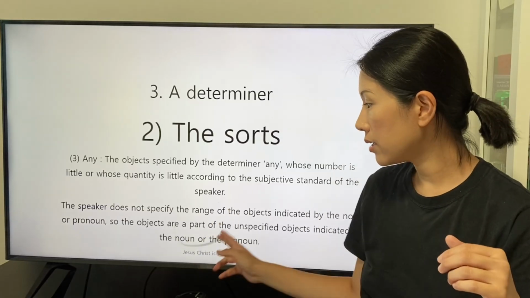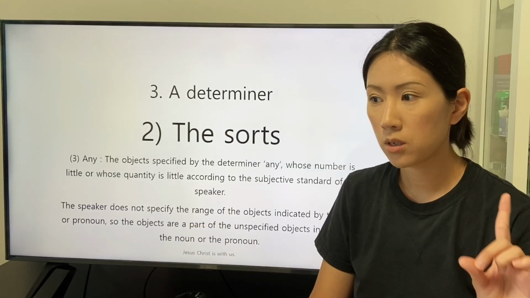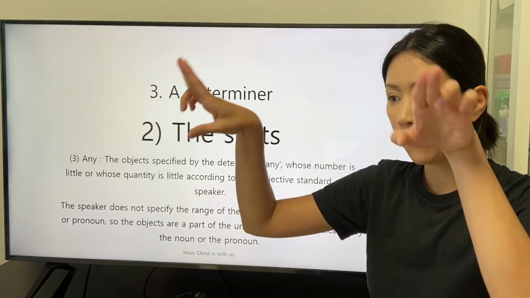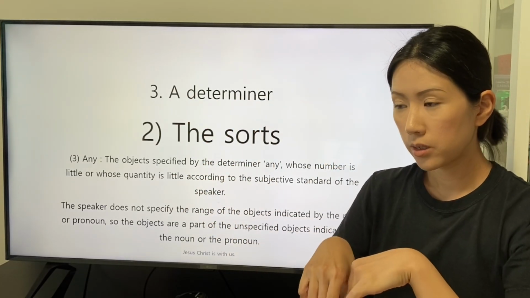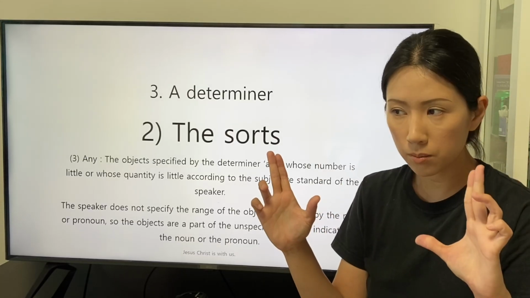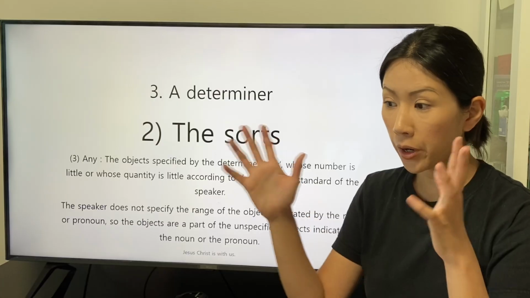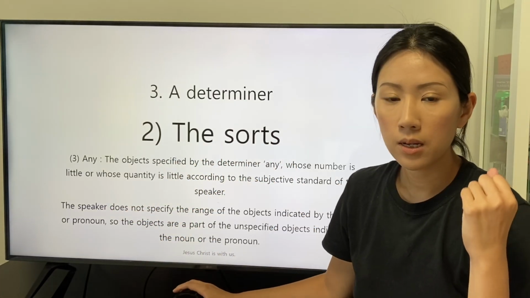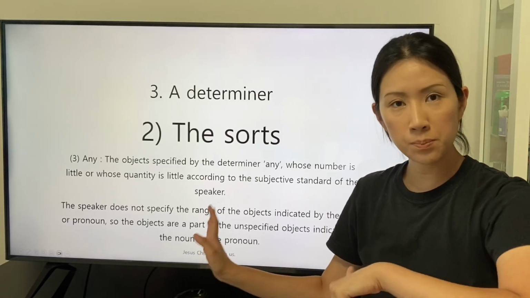And the second paragraph is about the range of indication specified by the description for the subject or object that is not predetermined by the speaker.